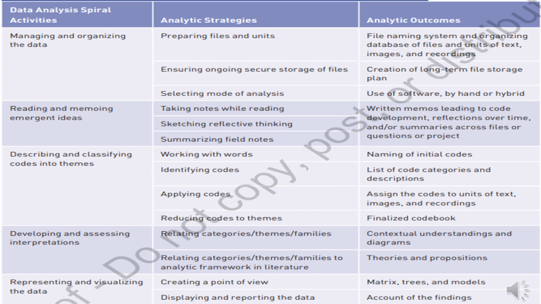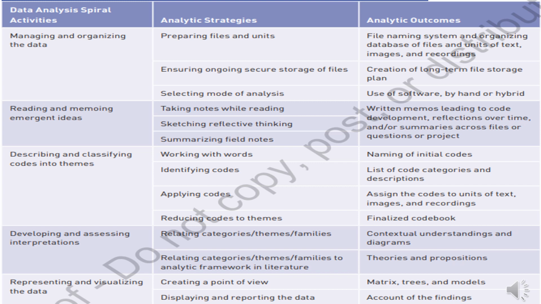Next is developing and assessing interpretations. The analytic strategies are relating categories, themes, and families to the analytic framework in the literature. The outcomes should be contextualized understanding in diagrams, theories, and propositions.